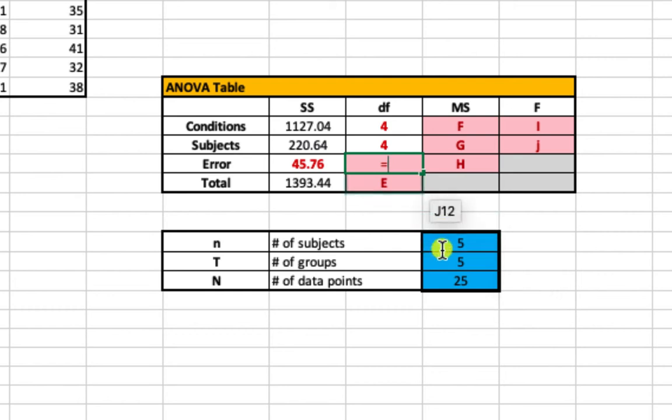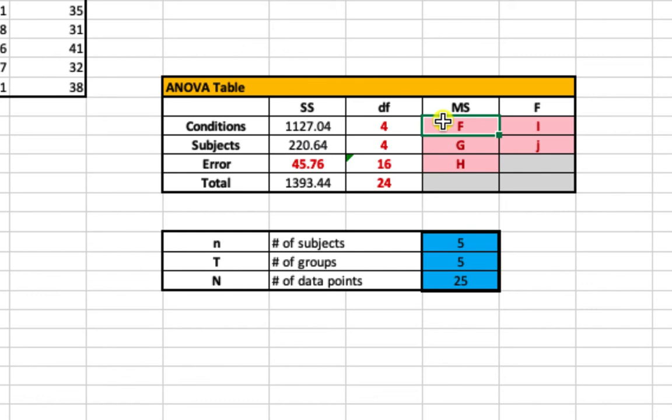We did already calculate t minus 1 and n minus 1, so you could just do a cell reference for the conditions degrees of freedom and then multiply it by the degrees of freedom for your subjects. Either will give you the same answer. For our total degrees of freedom, we take the total number of data points that we collected and subtract 1 to get a total of 24 degrees of freedom.